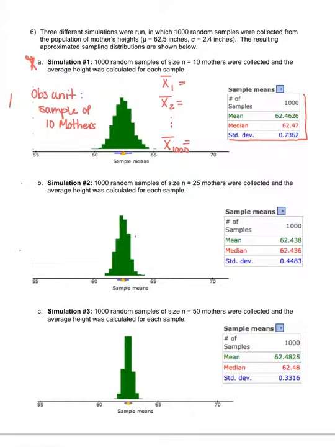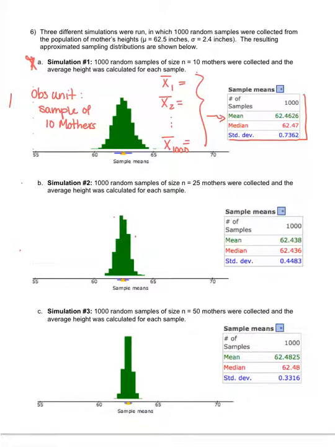The average of these X bars, so if you were to average up all of these, is recorded right here. So the mean here is the average of our X bars, and the standard deviation is the standard deviation of all these X bars.